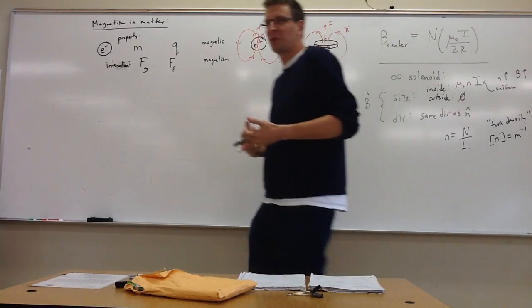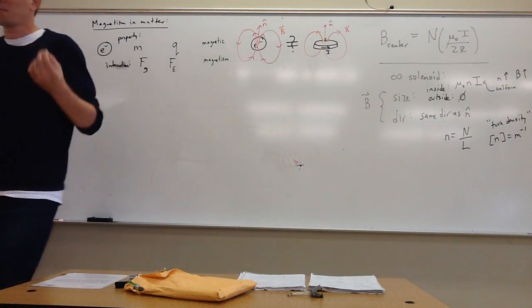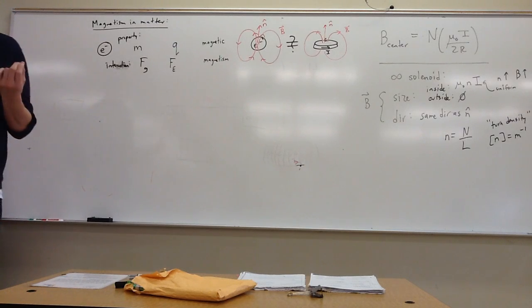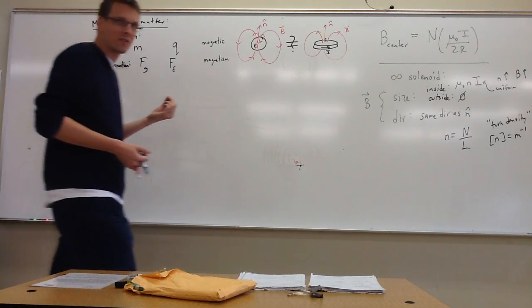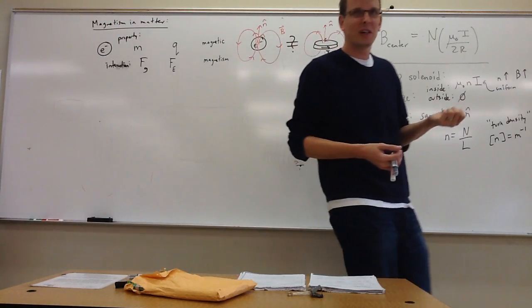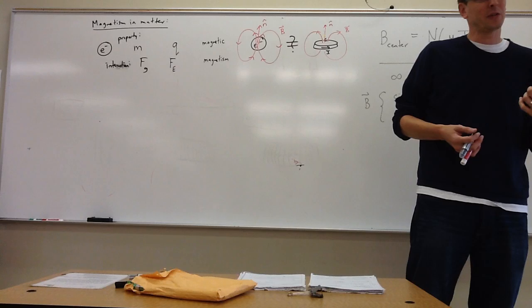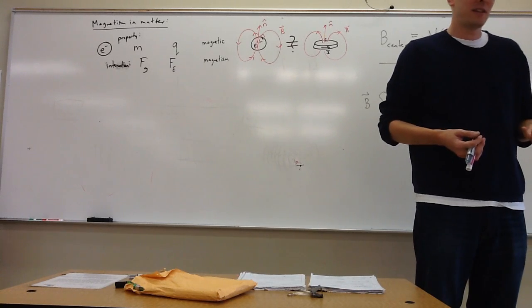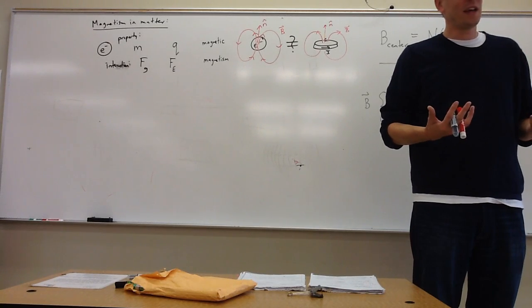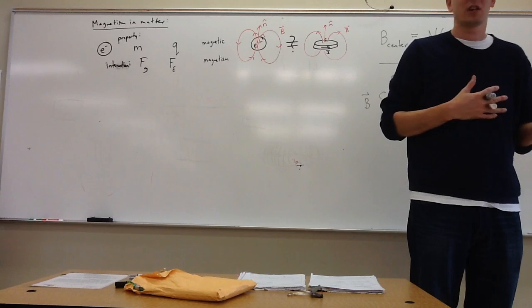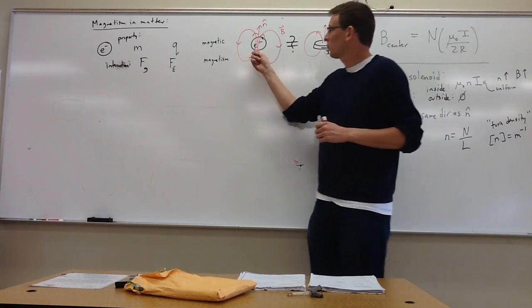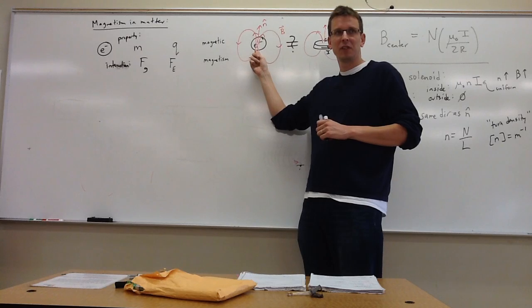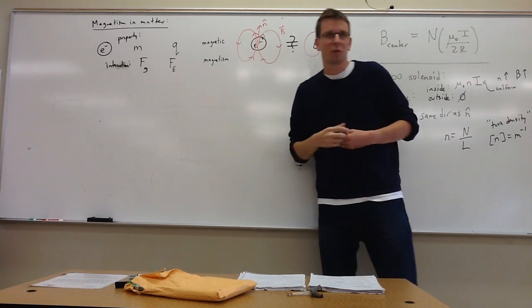But we do know, even if it's a point particle, that it behaves as if it's a little magnetic dipole. Okay? So there are, of course, scientists trying to figure out what's going on inside an electron, but we're just going to go ahead and say, we don't know why that is, but what are the consequences? Okay? So every electron has its own magnetic field, has its own normal vector.